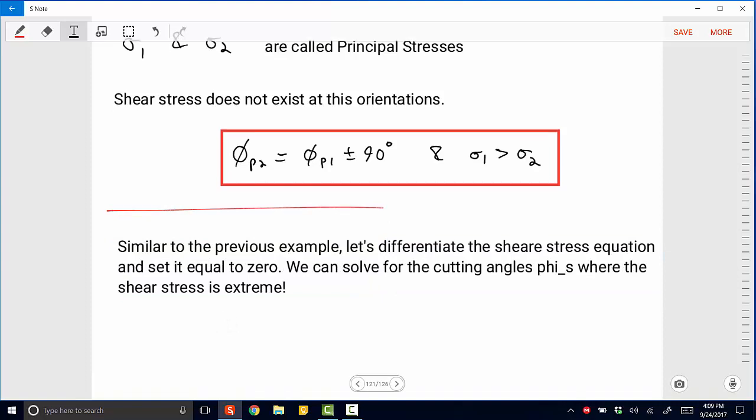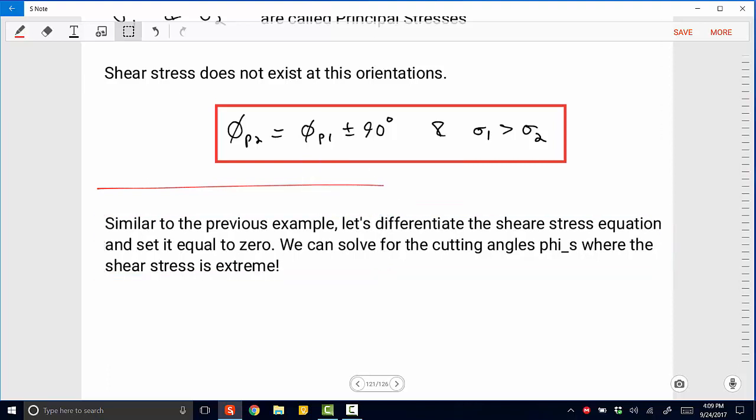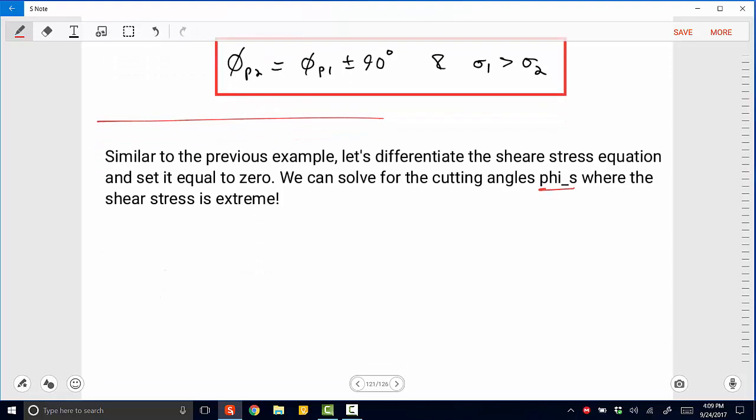All right? So we can actually go ahead and do that. We can differentiate the shear stress equation, set it equal to 0, and solve for some cutting angles phi s, where we can say our shear stress is extreme values of shear stress.